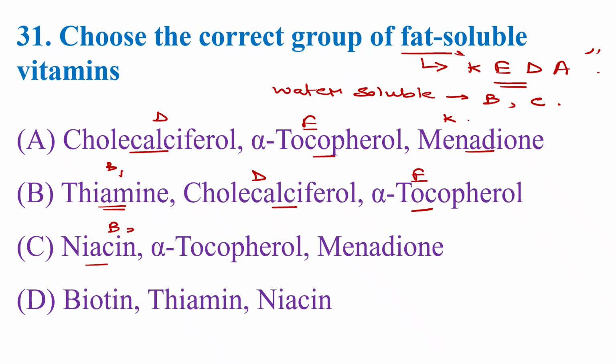Alpha tocopherol, again it's fat soluble vitamin E. Menadione, it is vitamin K. Now biotin, it is vitamin B7. Thiamine is vitamin B1, and niacin is vitamin B3. So over here, we can see the correct group of fat-soluble vitamins is option number A, that is cholecalciferol, alpha tocopherol, and menadione. So my correct answer is option number A.